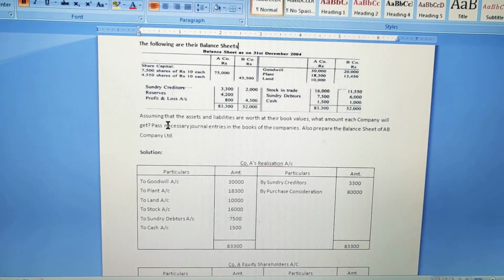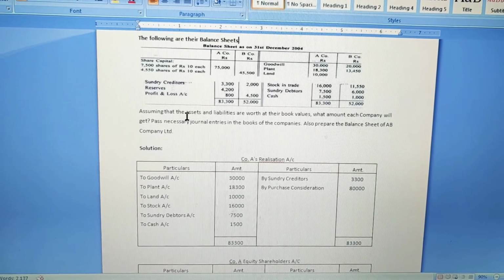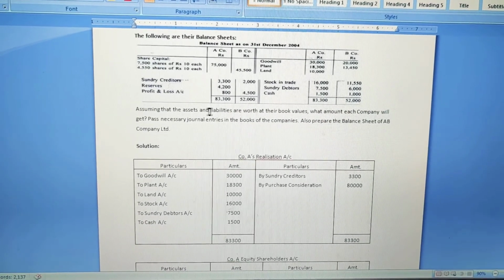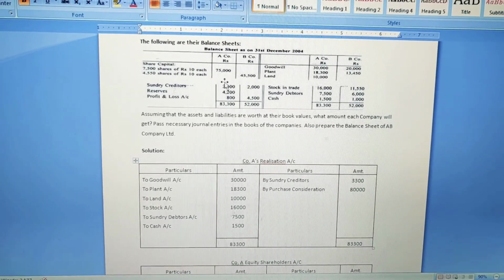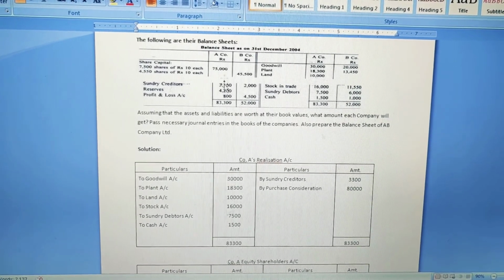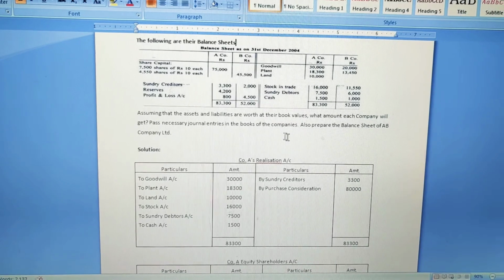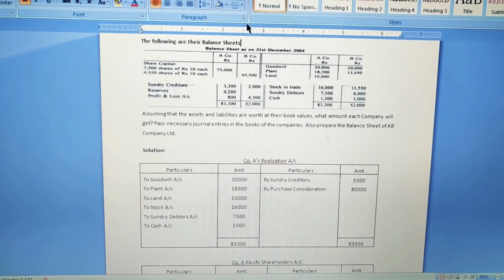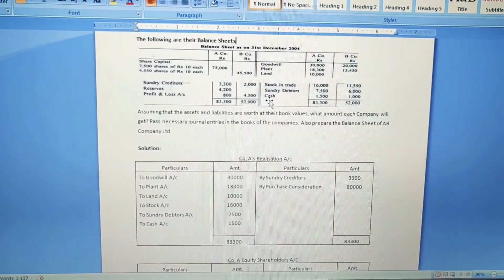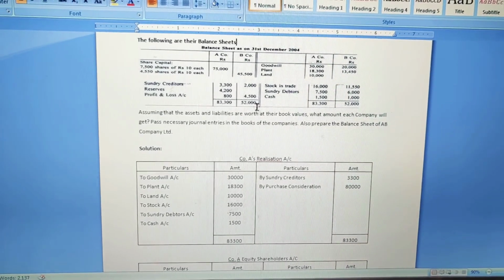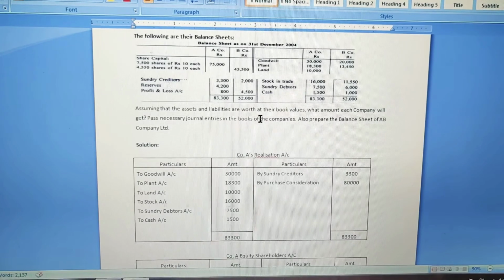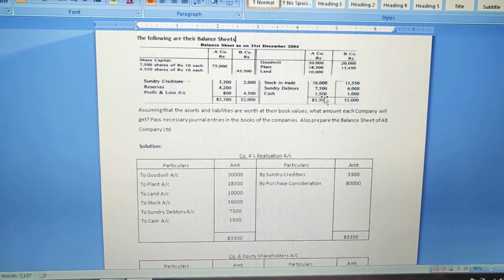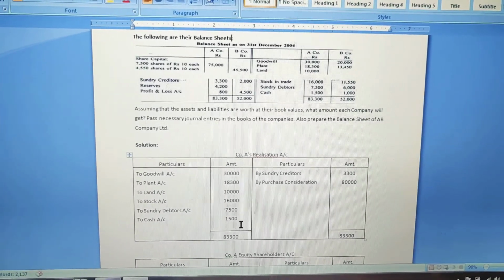See, here it is written that assuming that assets and liabilities are worth their book values, and the whole of company A and B's assets are taken over. In the last question it was specifically written that cash is not taken over. Here nothing is given, that means cash is also taken over by the new company, so you will transfer the cash amount as it is, 1,500.